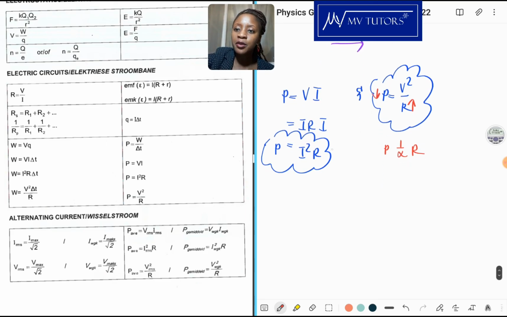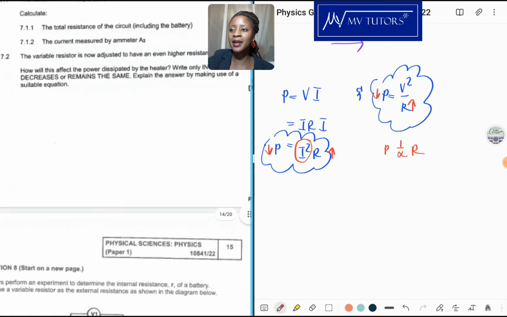If you were to increase R, you would say, well, an increase in R means an increase in power, right? But when you increase your resistance, you are decreasing your current. And if you decrease your current, which is squared, it holds a bigger weight. So decreasing the current squared will also decrease the power.